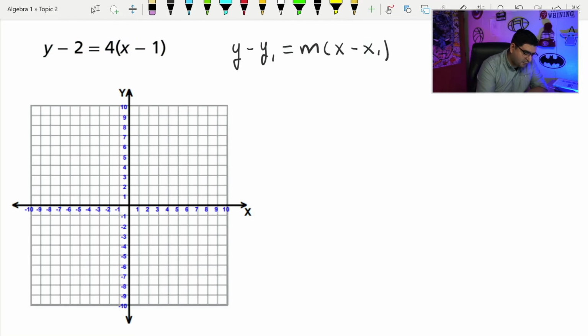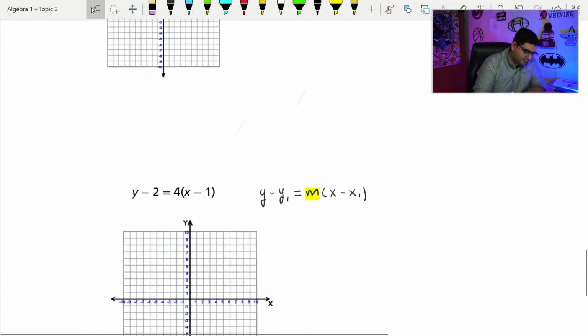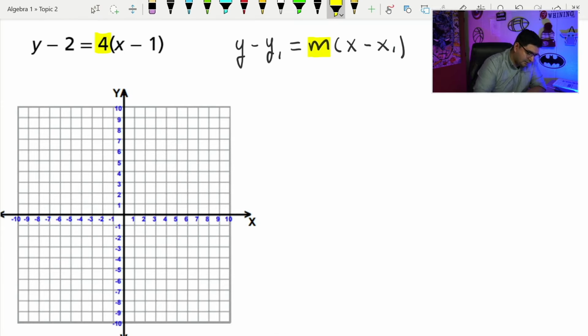We know that in front of the parentheses is my letter m. That's our slope. So if I look at this equation and find what's in front of the parentheses, I'll see that it is the number 4. So that means that my slope is 4.